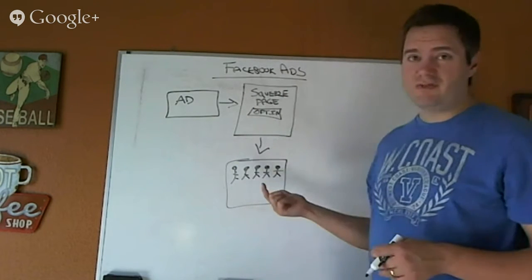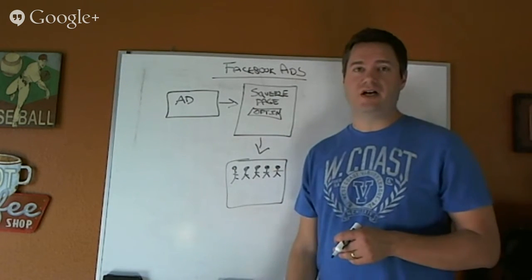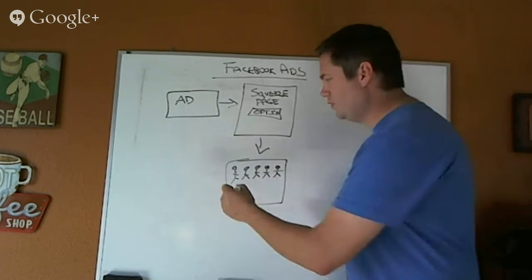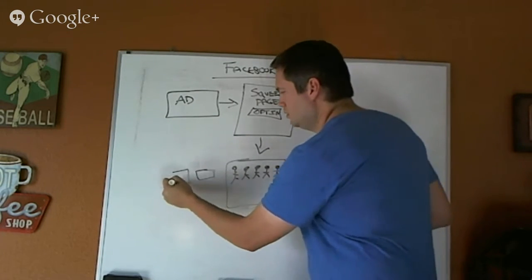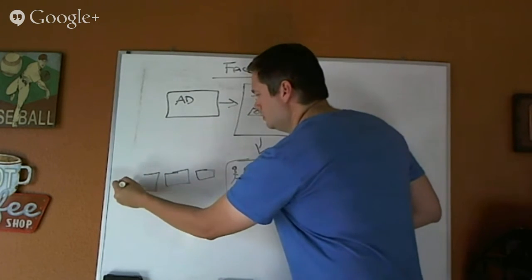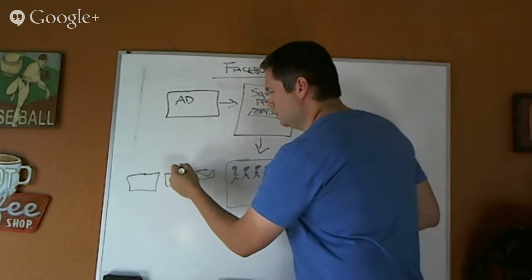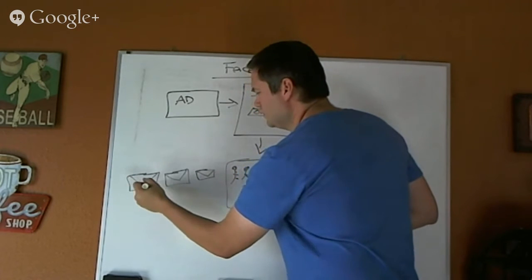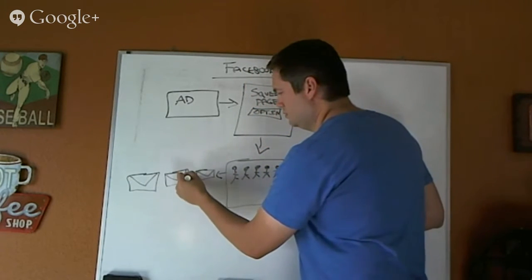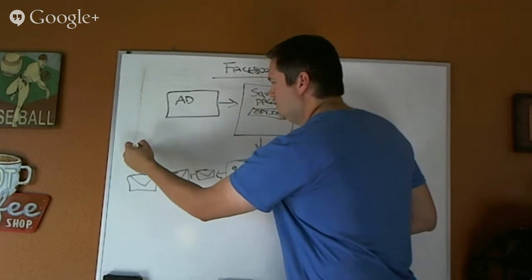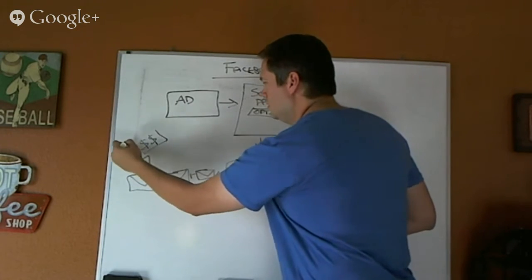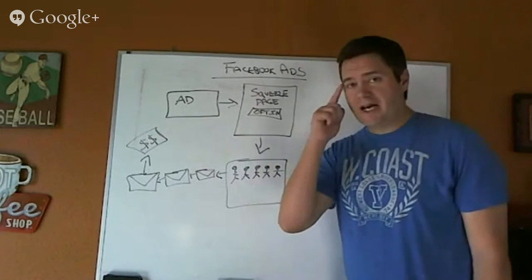Now you could build this out further, and we could do another class on how you could build this out further to where you send them emails which leads them to buy something from you.